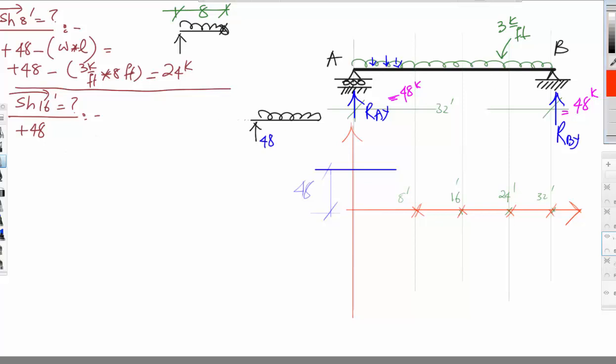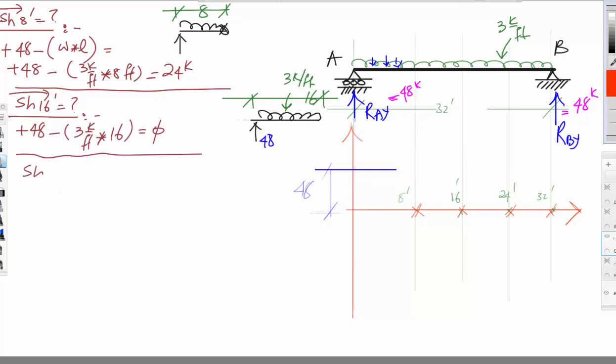This is 48 and this is 3 kip per foot, and this distance is 16. So we need to do plus minus. Now the W is changing, because as the distance changes, the shear force also changes. So we have 3 kip per foot multiplied by 16 feet, and this is equal to 0.